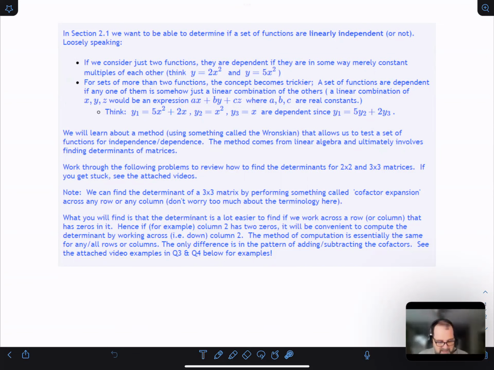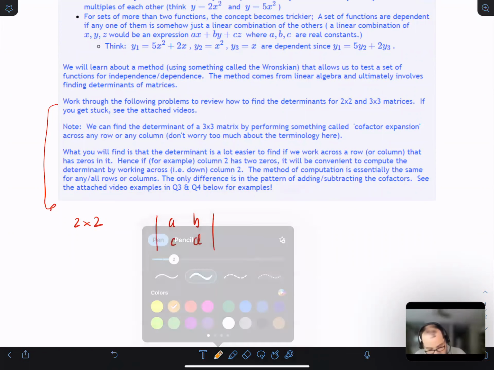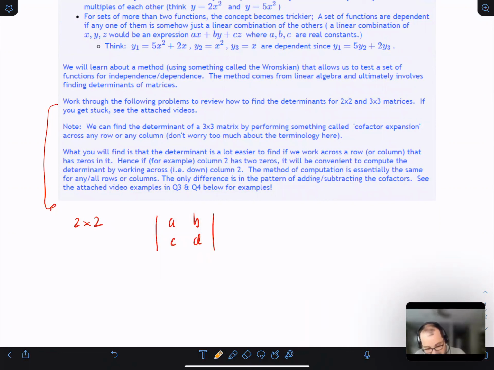If you have a 2x2 matrix, let's just say it is A, B, C, D, then the determinant is found by, I usually think of it this way, you multiply in this direction, so you get AD, and then you multiply in this direction, you get BC, and you subtract.